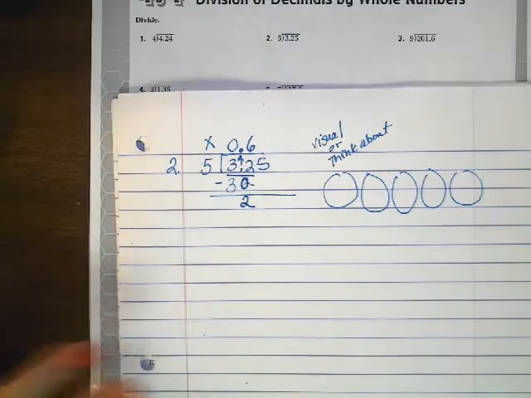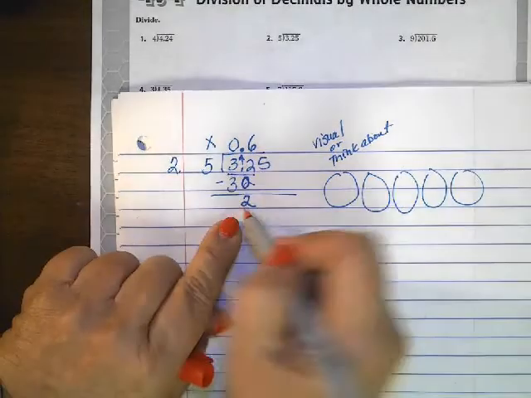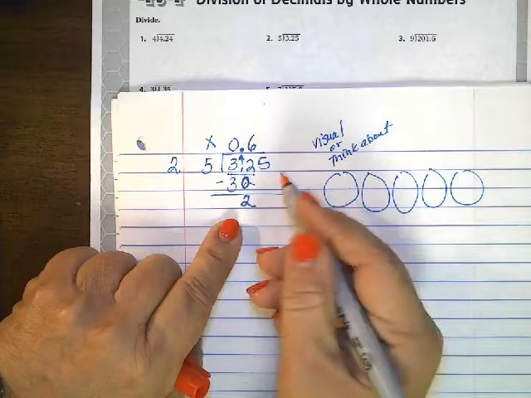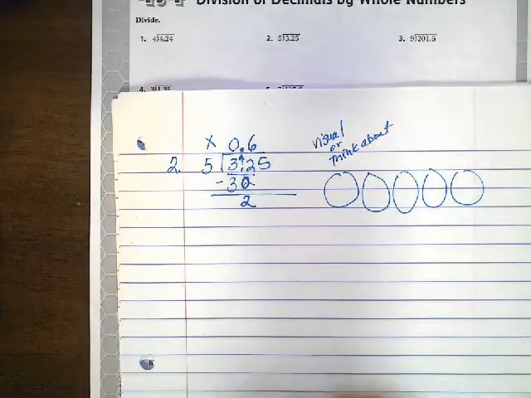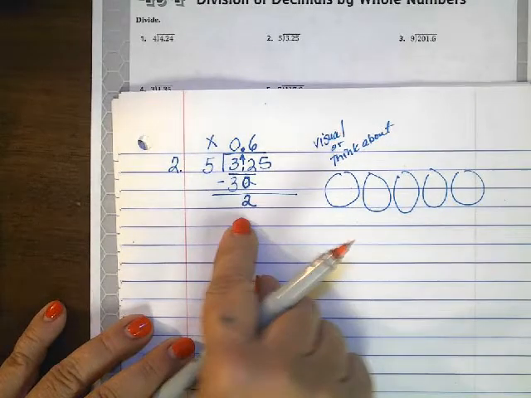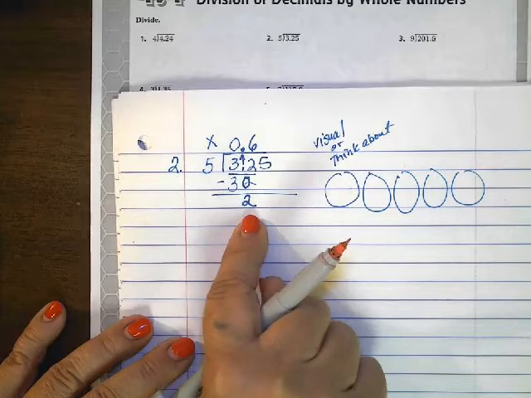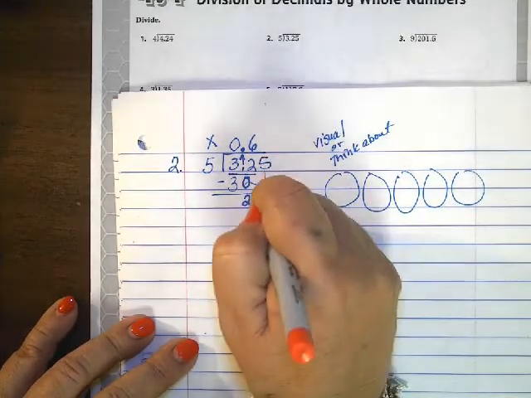I'm going to go ahead and get my other pen. All right. Then I'm going to bring down, now my 2 tenths, remember what we've been doing in class. Since I can't share the fair share amongst the 5 groups, I will have 20 hundredths, but I also have 5 hundredths here.